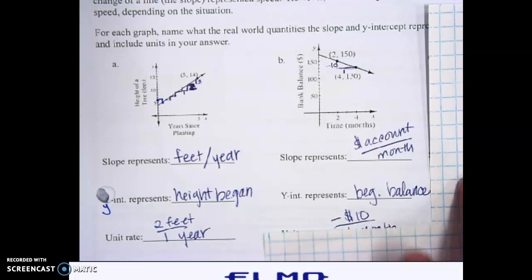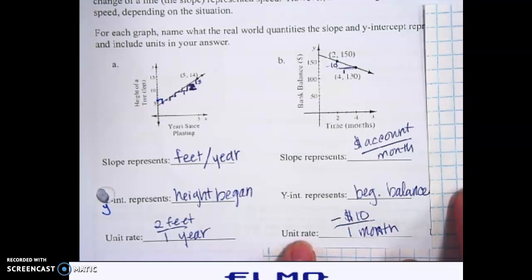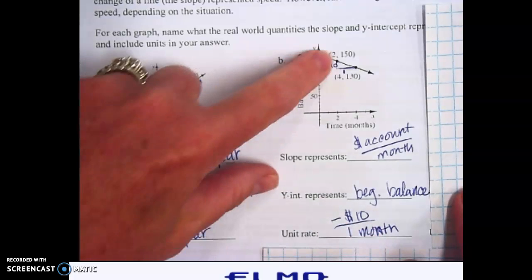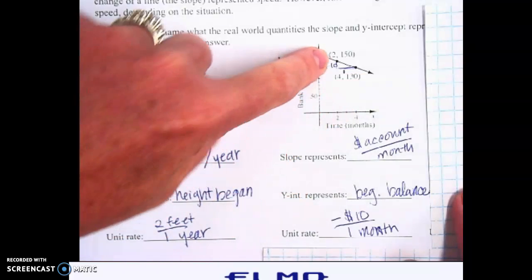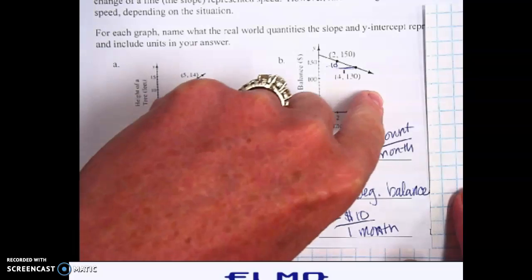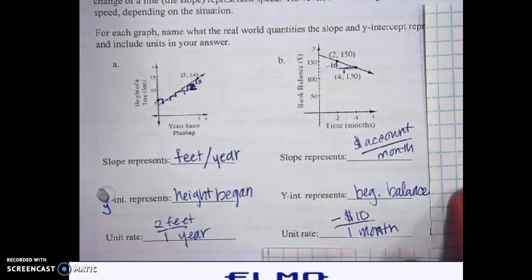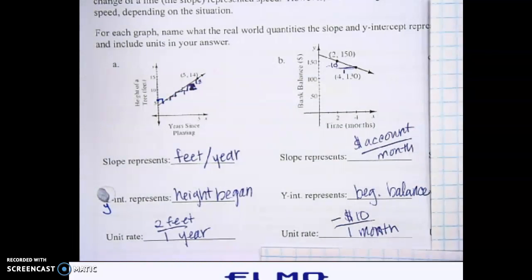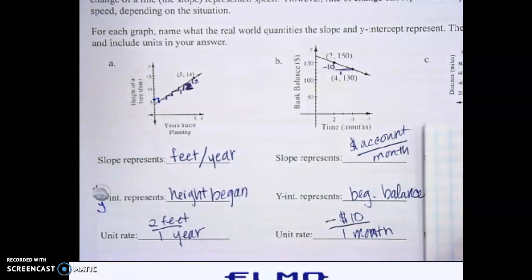All right. This person's unit rate is negative $10 every month, okay? So if you draw in a slope triangle, you're going down 10 and over 1. Going down 10 and over 1.